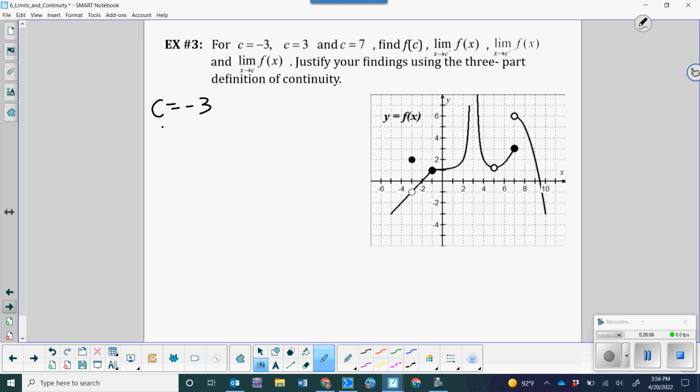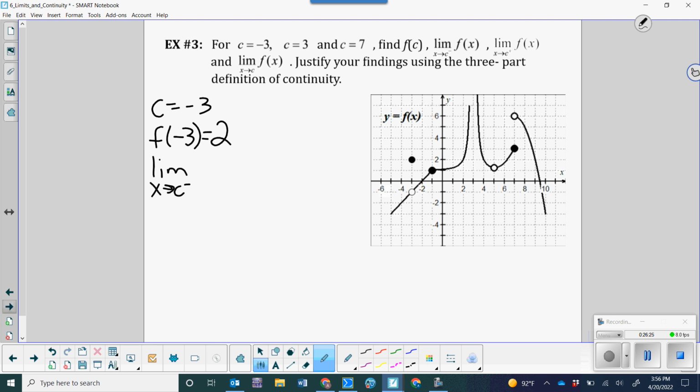So f of -3, it asks me to find f of C first. Looking at the graph, f of -3 equals 2. Again, it's the dot, the point on the graph. Let's do the limit from the left.